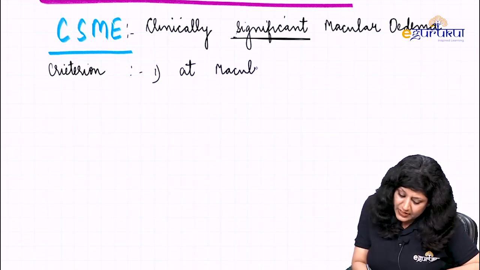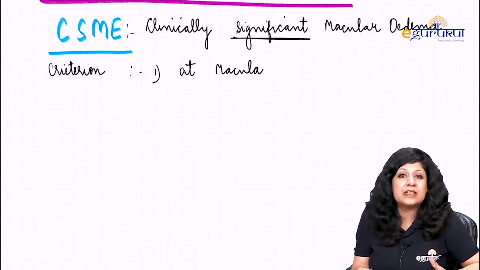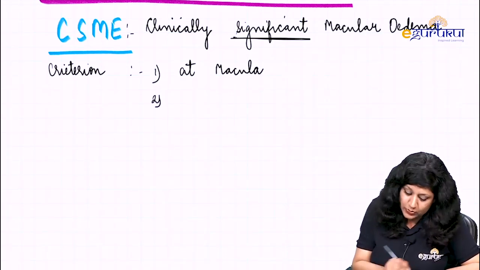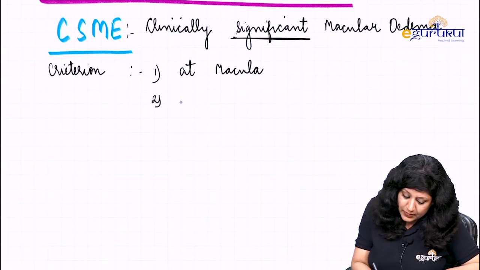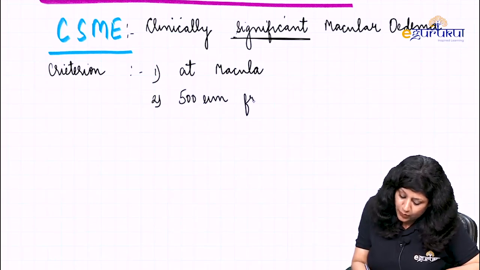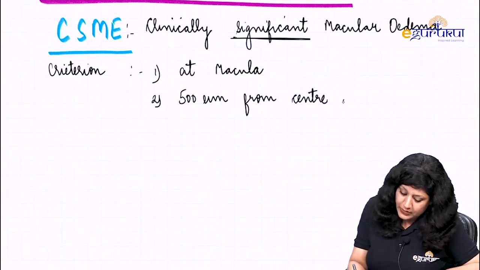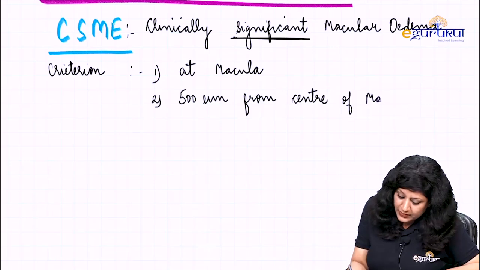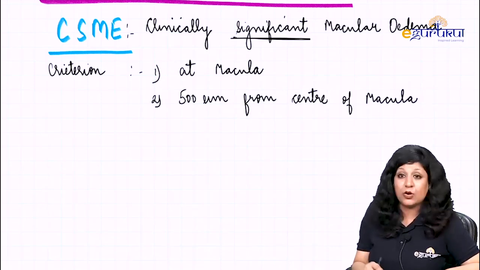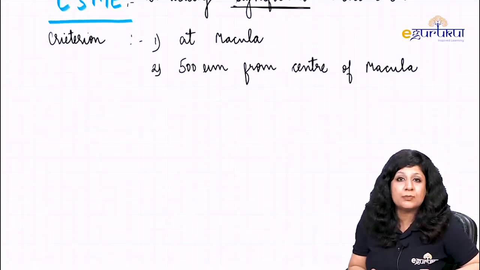If it is found exactly at the macula, it is significant. Or number 2, it can be 500 microns from the center of the macula.